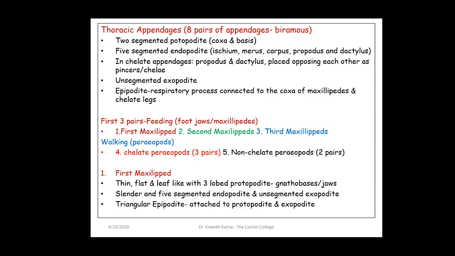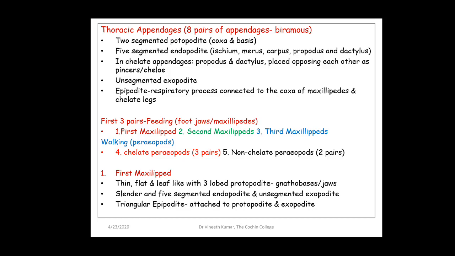So there are 6 pairs of epipodites, 3 in the first, second and third maxillipeds, and 3 in the chelate legs. The first 3 pairs are mainly involved in feeding, and hence are called food jaws or maxillipeds.